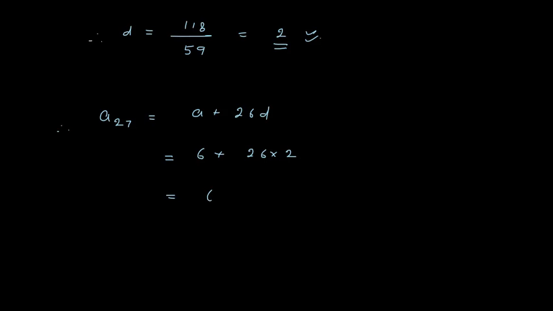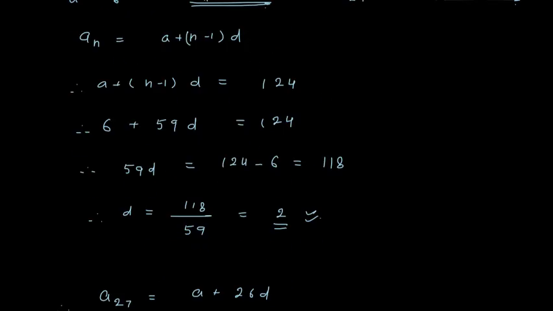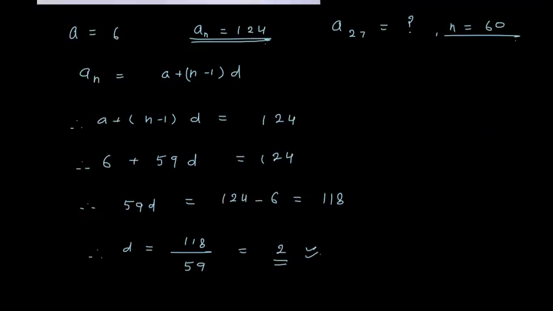So here we get 6 plus, 2 sixes are 12, 2 fives are 10, so 6 plus 52. 6 plus 2 is 8. So this is 58. So the value of A27 is 58. Right? This is question number 32.